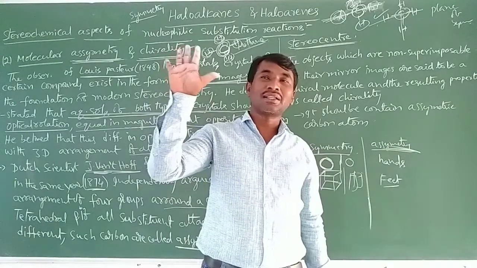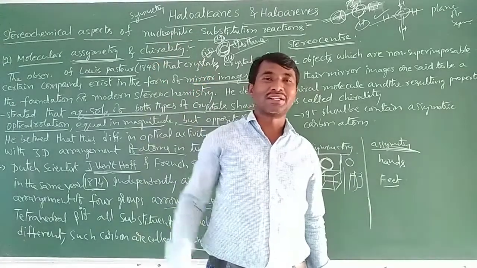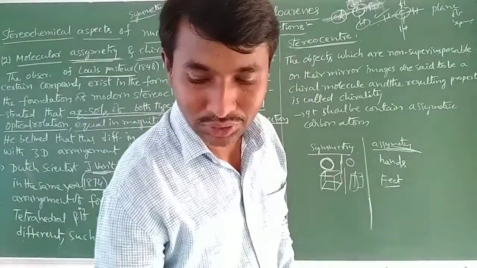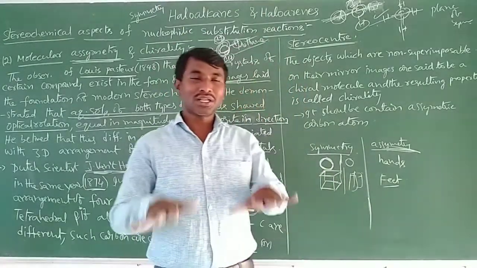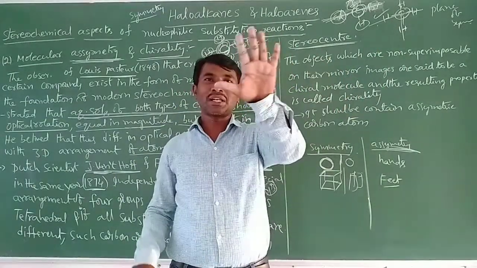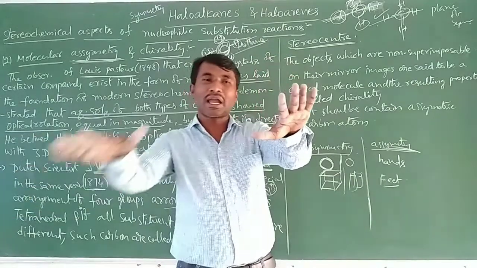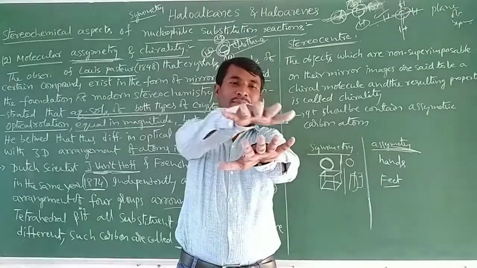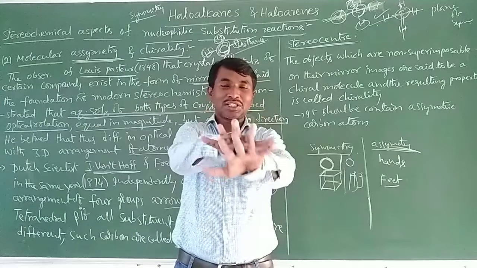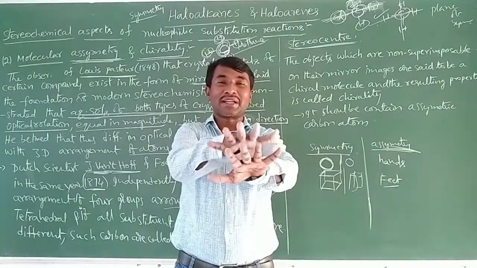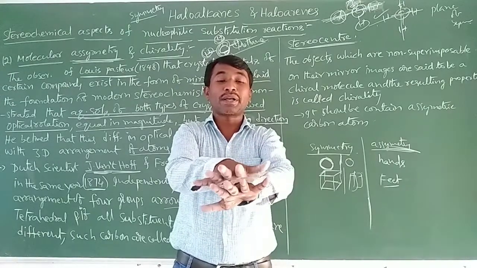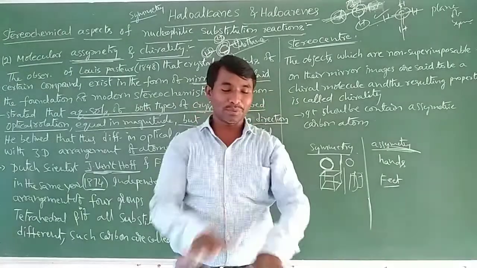In the mirror, this is a left hand. Same thing. When the mirror image is there, the mirror image is not the same as the object in position. So it is asymmetric, non-superimposable.